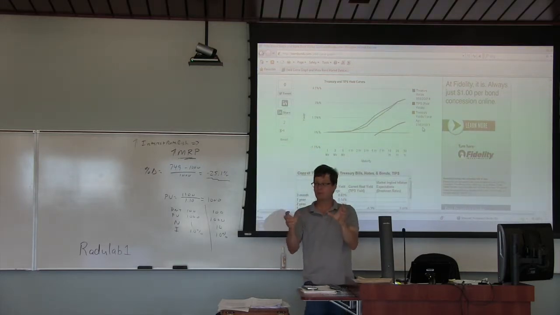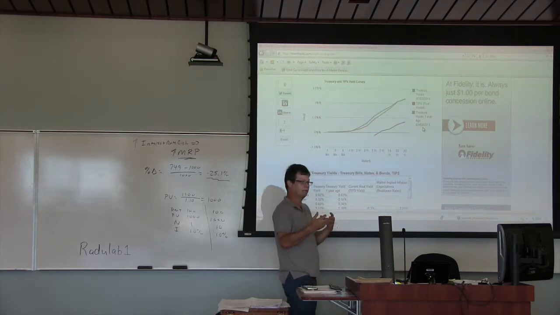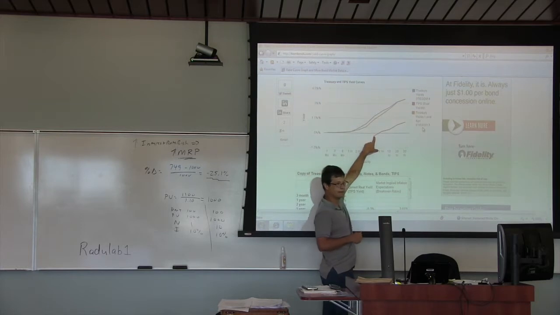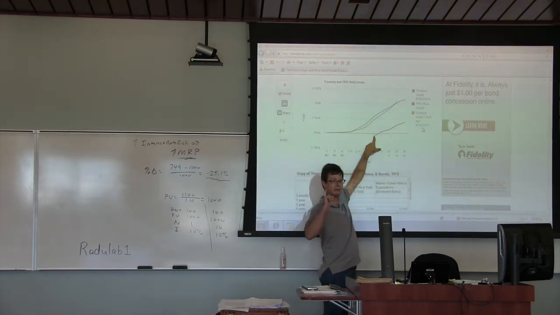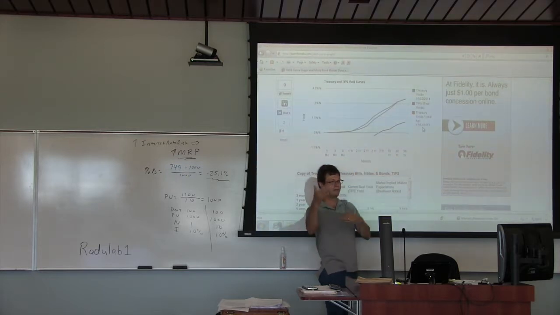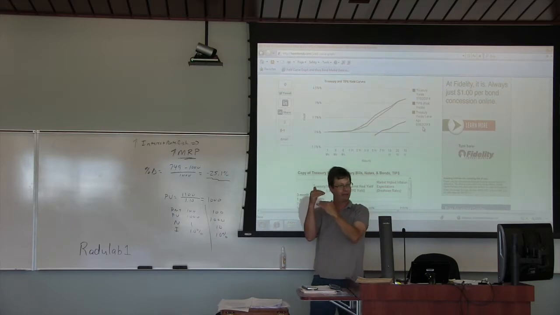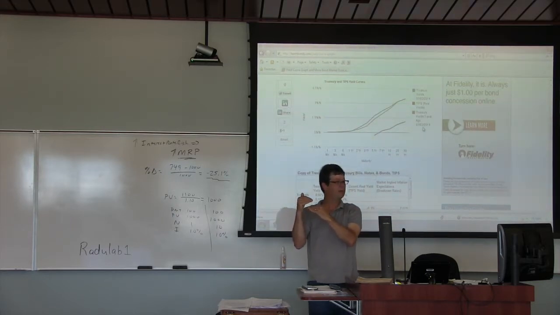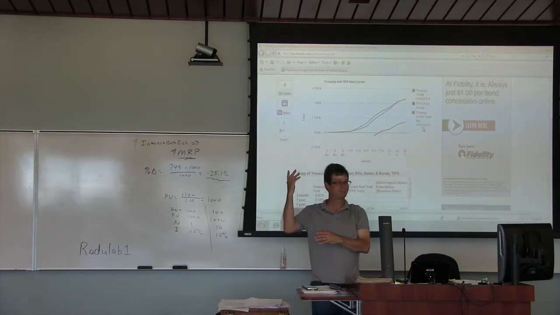It turns out that people are paying so much extra right now for that, the expected yield is negative. However, they're protected if inflation does kick into gear, right? So they're willing to give up a little bit of return for a nice payoff, we might say, if we do have inflation. Okay?